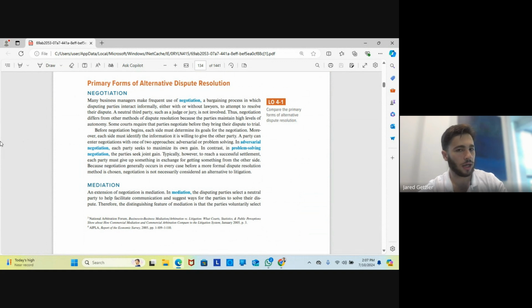Let's say the wallet company decided to loan money to the Fob company, and in the contract they stated if they're 35 days delinquent, if there's a legal problem, they would start out with negotiation. So the Fob company, that is the debtor from the wallet company, they could try to negotiate.